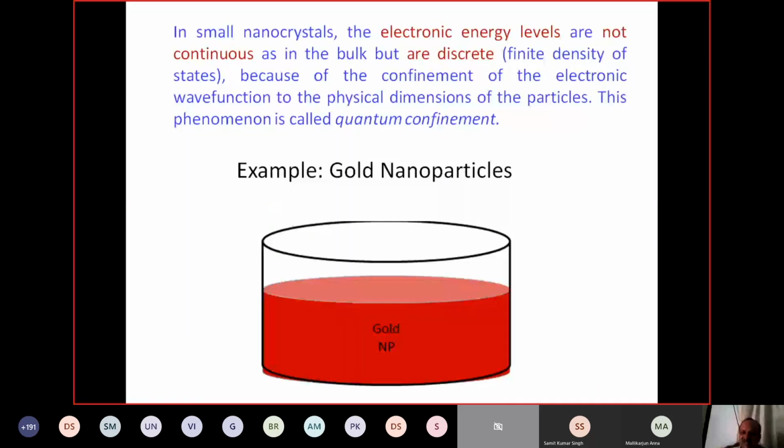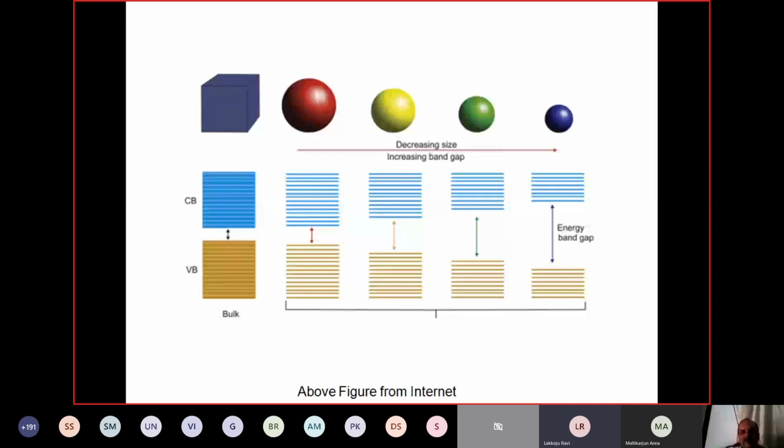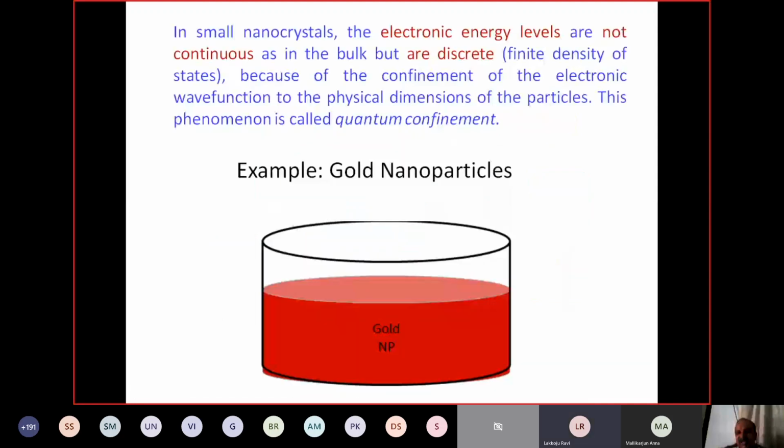Here in the bulk it is continuous, but here it is discontinuous, discrete, with finite density of states because of the confinement of the electronic wave function to the physical dimension of the particle. This phenomenon is called quantum confinement. Where the band gap is changing, we call that the quantum confinement effect, a quantum effect.